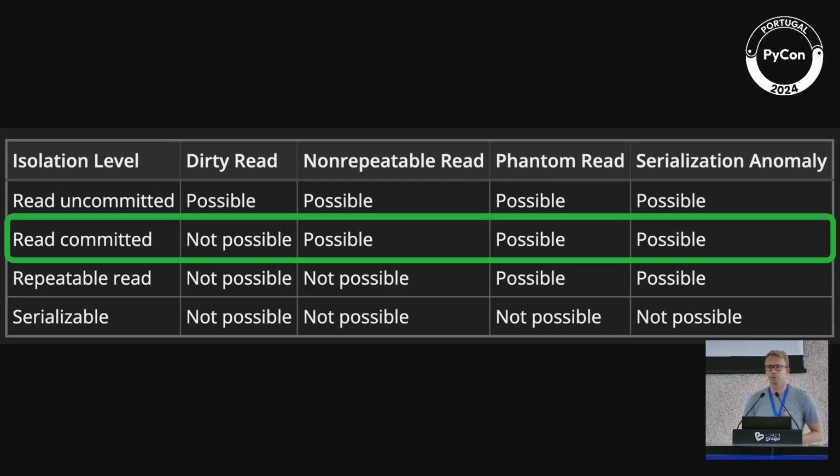You will only be able to see things that were actually committed, but you still have a bunch of other possible issues, like non-repeatable reads and phantom reads. But those actually, in a web application context, don't matter that much, because those just tell you that if you do the same query in the same transaction multiple times, you're going to get the same result.